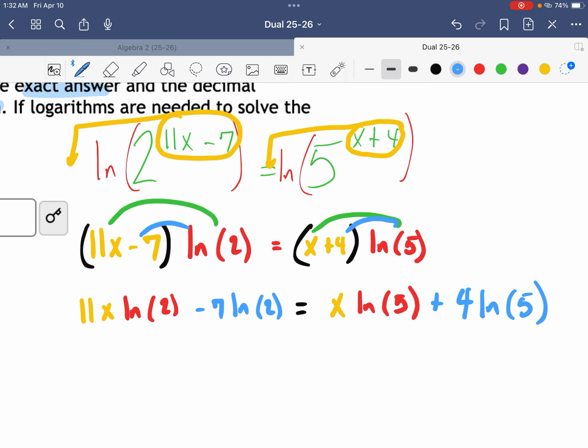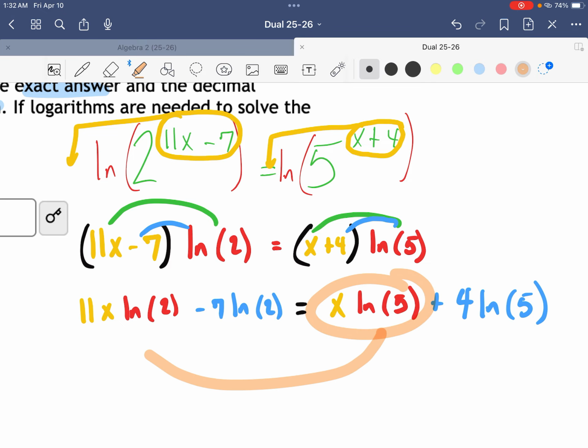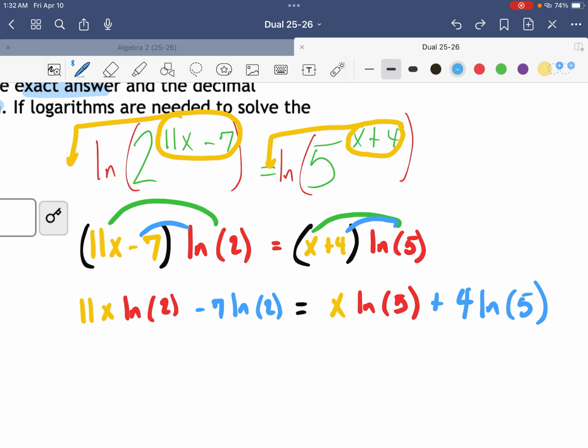Now what I would like to do is get letters with letters and numbers with numbers. I know there's a lot of letters and numbers going on, right? But what I want is all the x's to be on the same side. I don't want one x on the left and one x on the right. So I'm going to move the smaller one, this one here, to this side. Right now it's a positive x, so to undo that, you're going to do minus x. Leave the 4 ln5 alone.